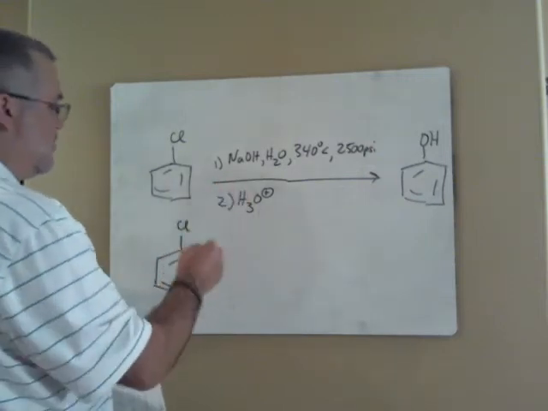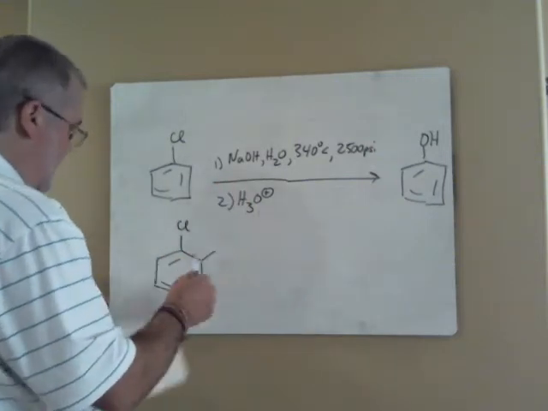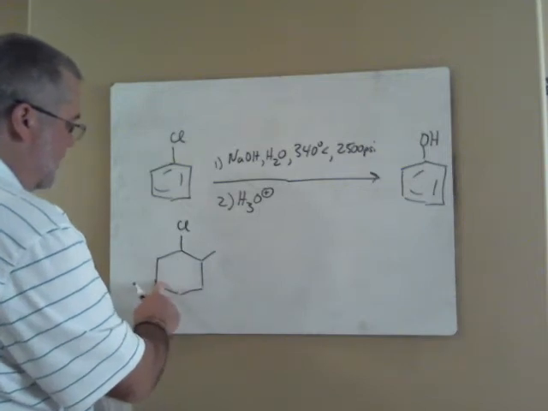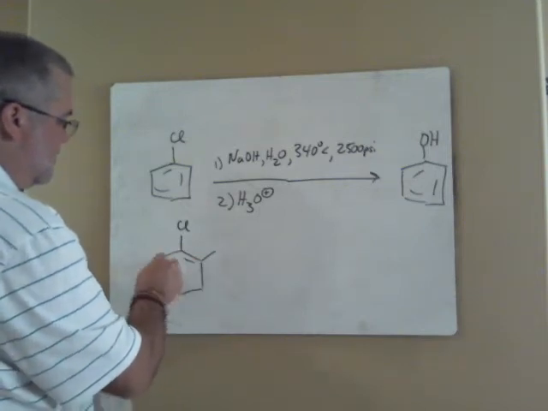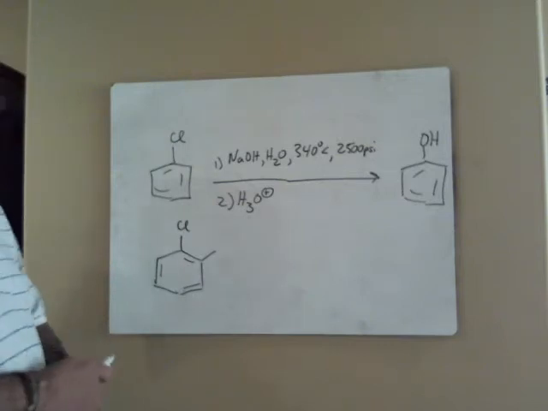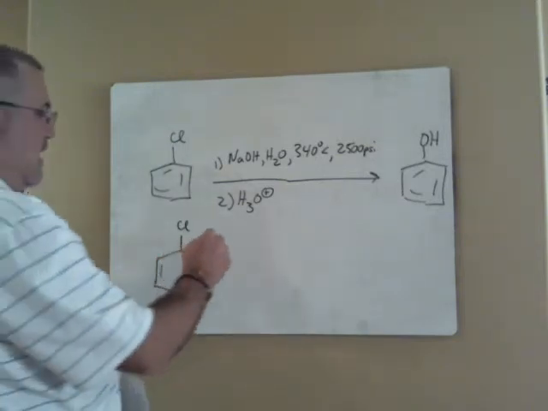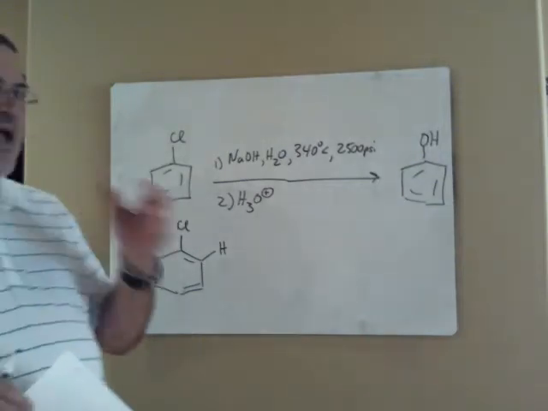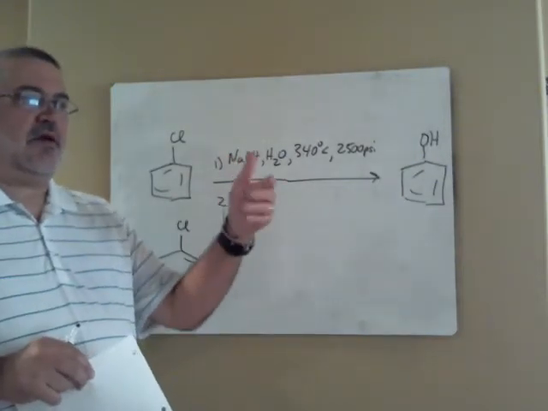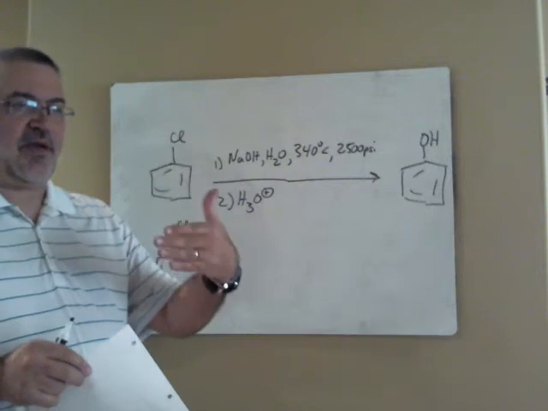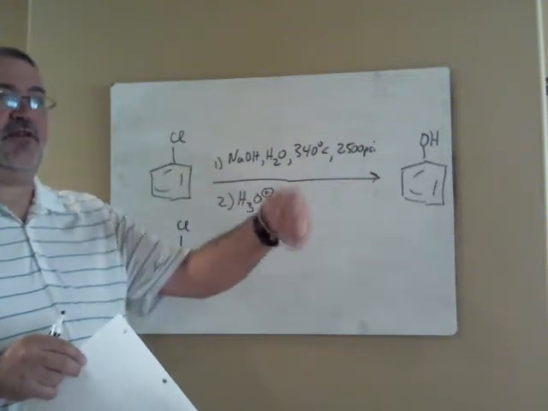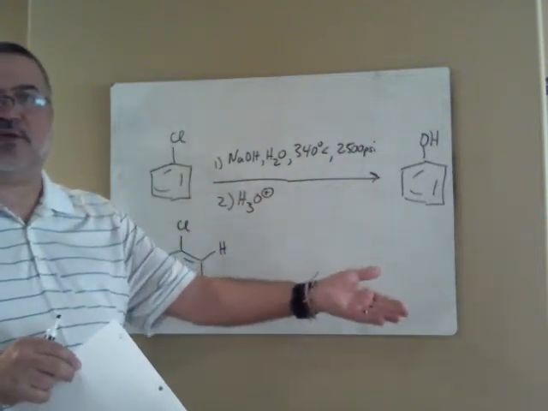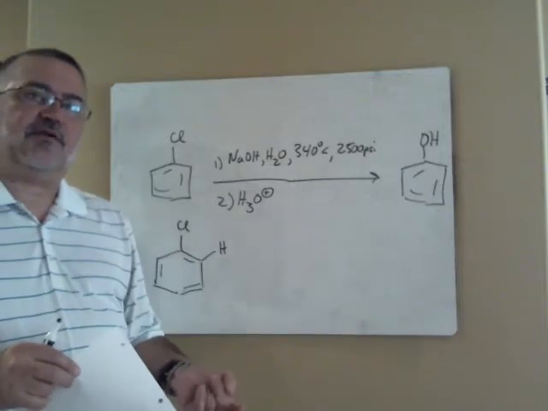Well, you're treating this with a strong base, and you have, let me put my double bonds like this. I'll let you catch up to that. So you're treating with a strong base. What are the two things that can happen? The nucleophile, which is a base, can act as the nucleophile and do the substitution like we saw with the Meisenheimer. But what else can strong bases do?